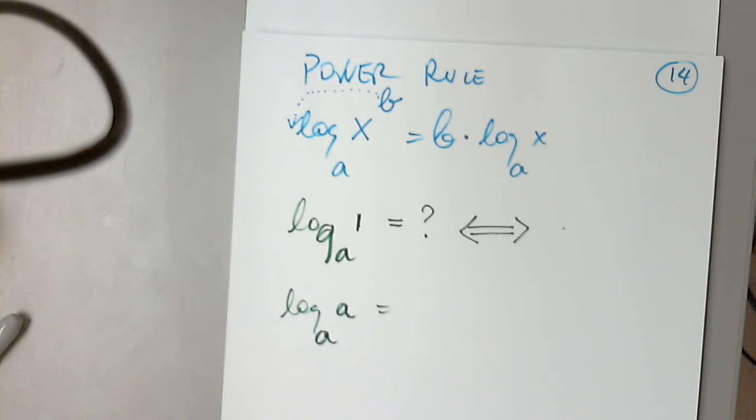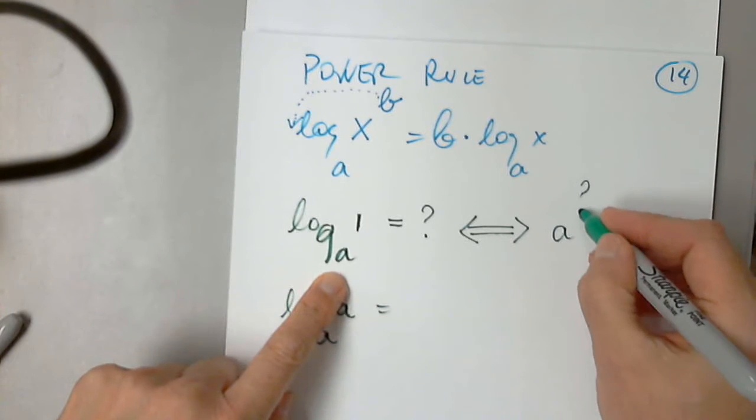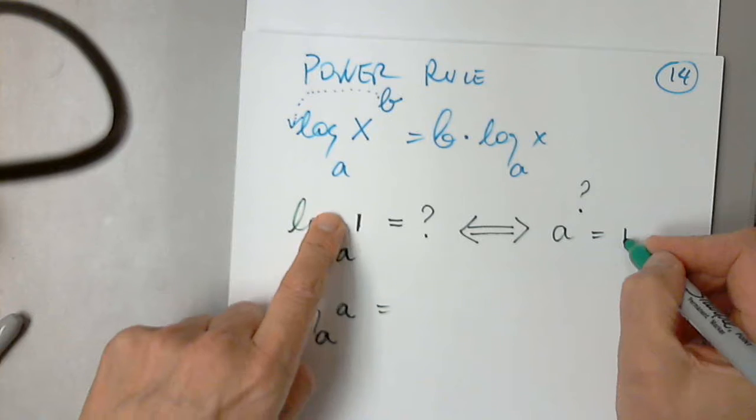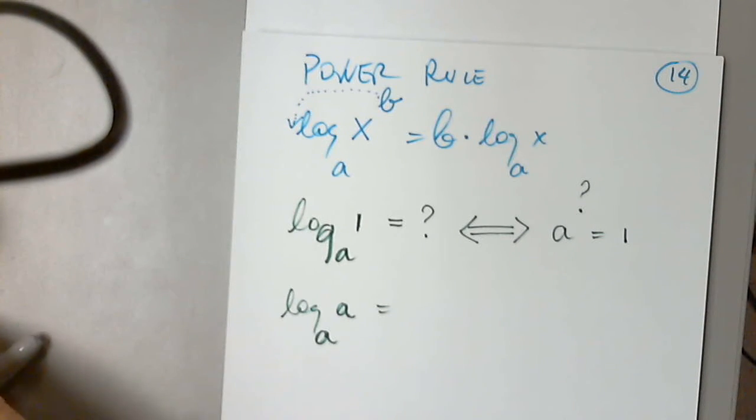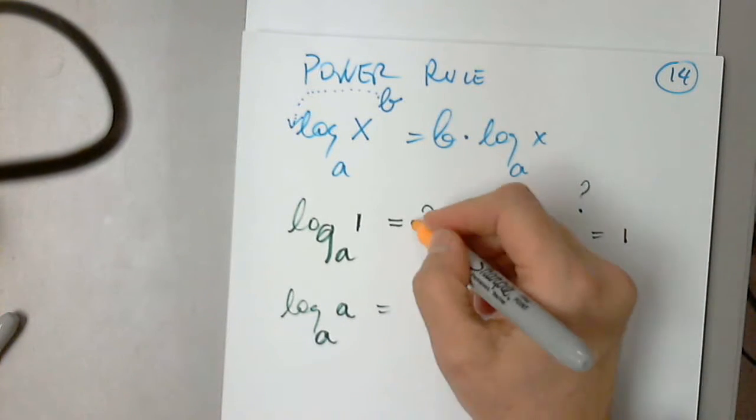A raised to this power is 1. Counterclockwise, we start with the base. A raised to this power is 1. What do you think the power can be? Exactly, 0.